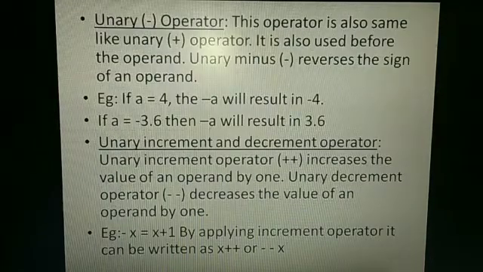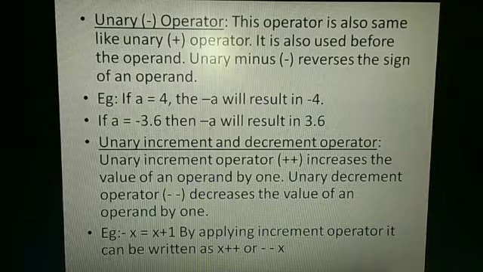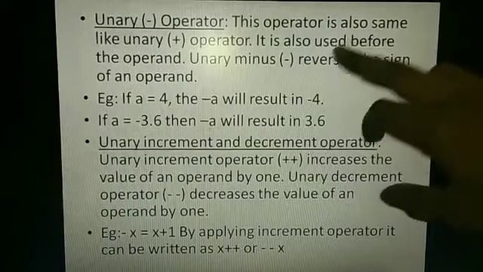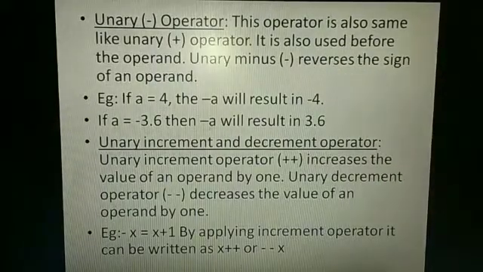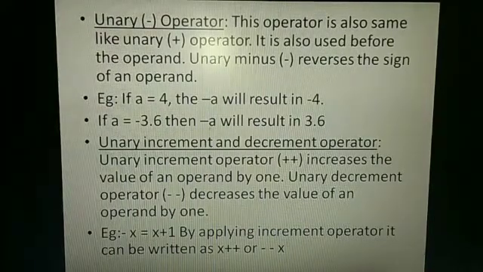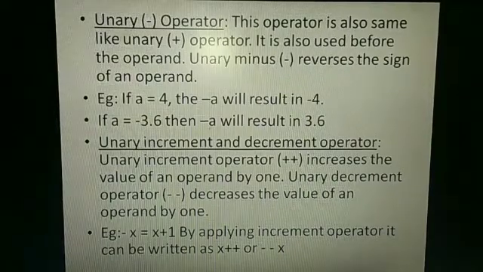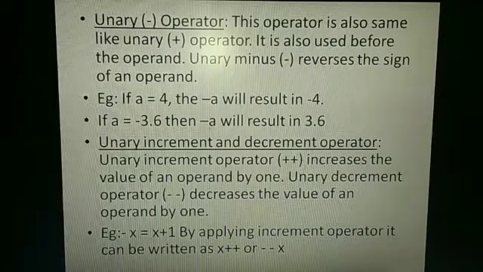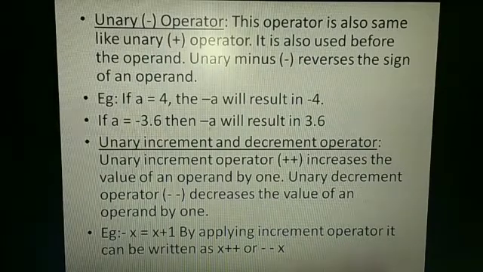Unary minus also has the operator placed before your variable, but it gives you the output in reverse. Now in unary increment or decrement, it increases the value and decreases the value by 1. In your unary increment operator plus plus, the value of an operand is increased by 1.